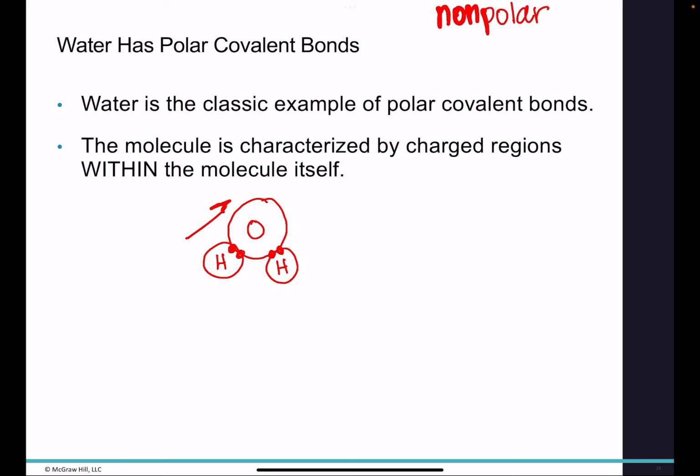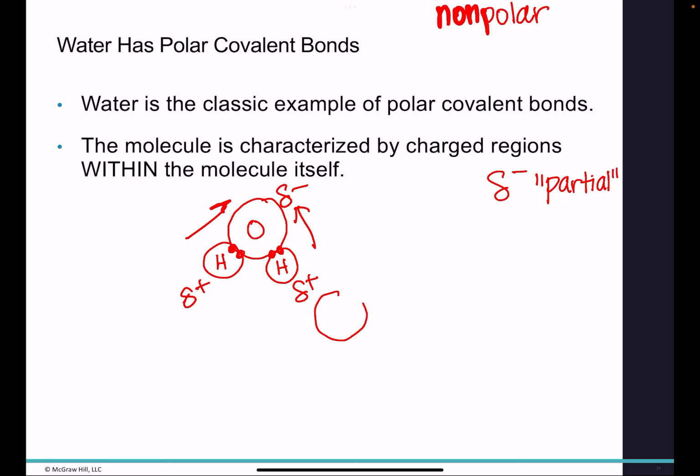But remember that the oxygen is really electronegative and it's pulling the electrons towards itself. Still sharing with hydrogen, but those electrons are going to spend more time around that oxygen atom. So we're going to get that negative charge there, positive charge there. Remember this little symbol we're going to use to mean partial. So we've got a partial negative and a partial positive.